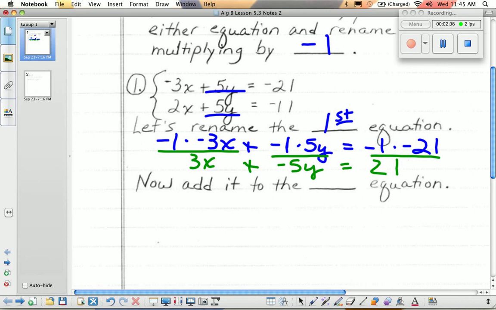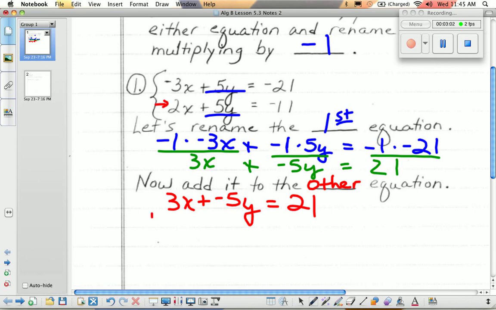Now we have to add it to the other equation. We can't add it back to itself, what it was before we renamed it. We have to make sure we add it to the other equation. So we're going to take that 3x plus negative 5y equals 21, and we're going to add it to the one we did not rename, which is this one.